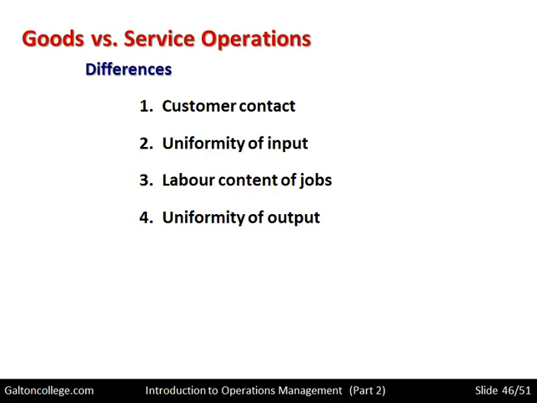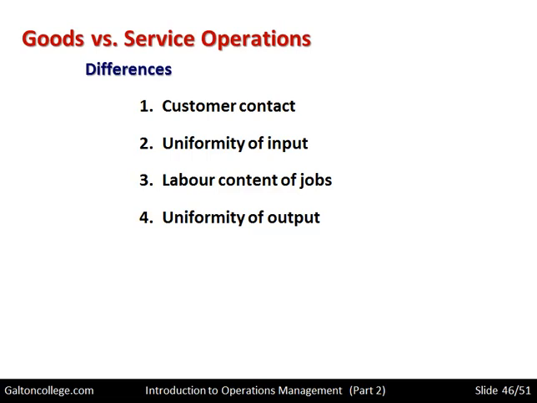There's also uniformity of output, and this issue of uniformity of output needs to be considered. Let's say the banks again. The output of the banks is the financial service that it gives to us. And to some degree that may vary, because some people may have mortgages with the bank or loans with the bank of one type or another. Some people may have investments with the bank.